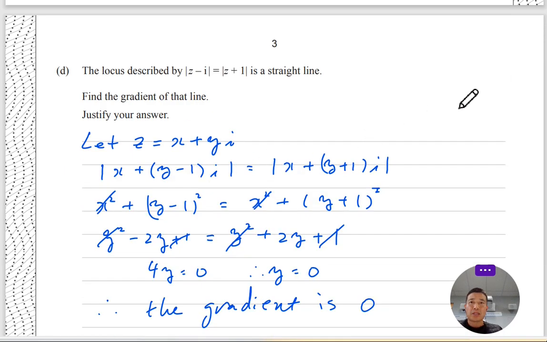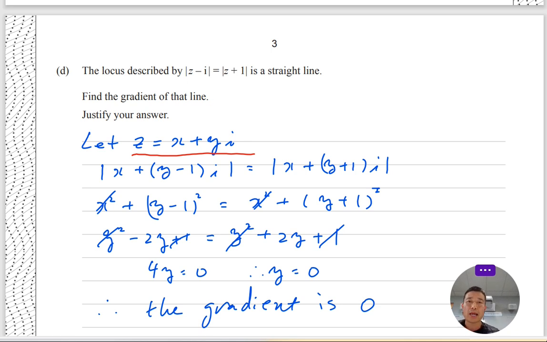All right, question D. The locus described by modulus of z minus i equals modulus of z plus 1 is a straight line. Find the gradient of the line. So I tell you what, when it comes with the locus question, you always set z to be x plus yi.